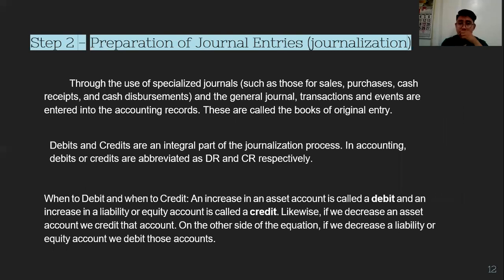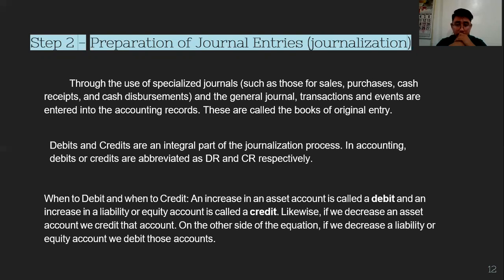Okay, so the second step that we need to do is the preparation of journal entry or the journalization. So through the use of special journals such as sales, purchases, cash receipts and cash disbursements, and the general journal, transactions and events are entered into accounting records.